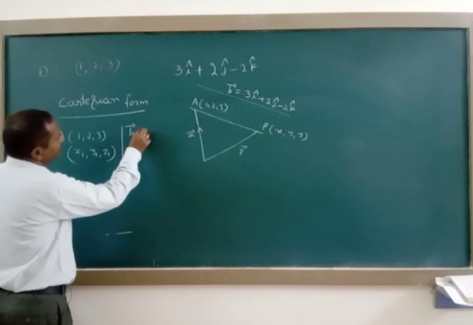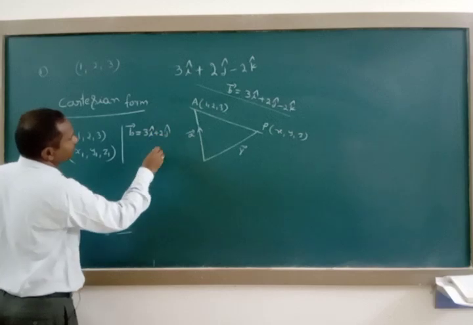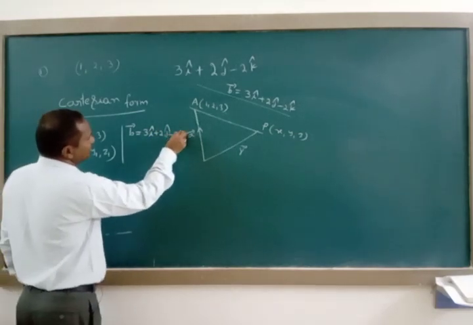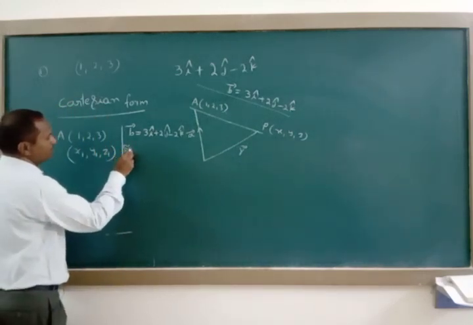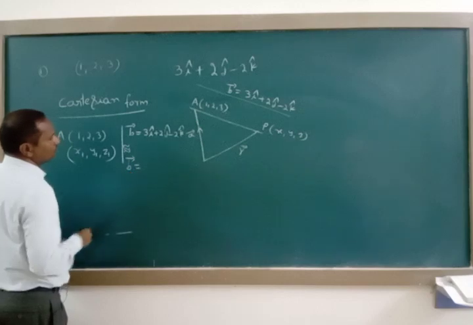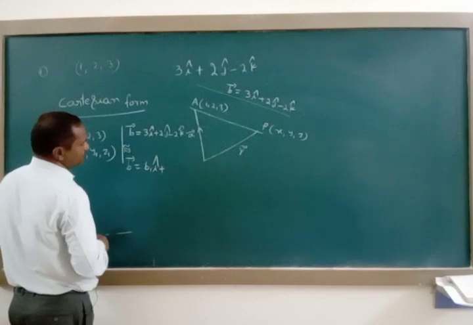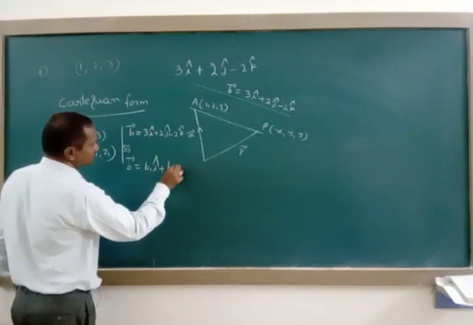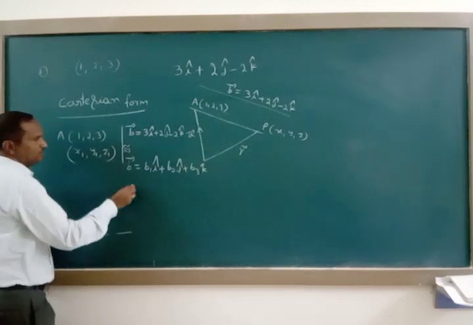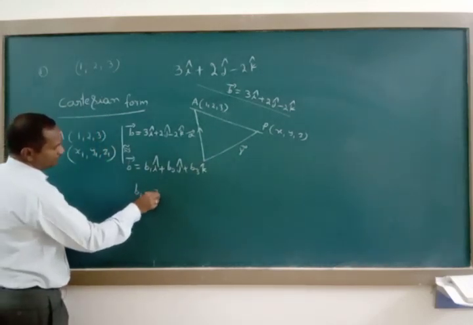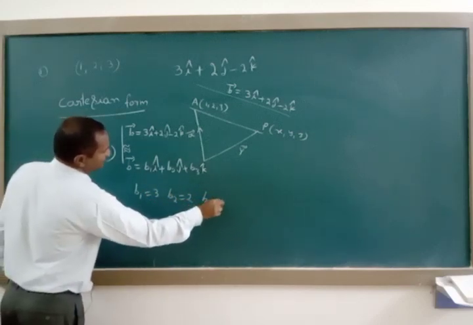The b vector they gave here is 3 i cap plus 2 j cap minus 2 k cap. Comparing with b vector is equal to b1 i cap plus b2 j cap plus b3 k cap, you collect the values here: b1 is equal to 3, b2 is equal to 2, and b3 is equal to minus 2.